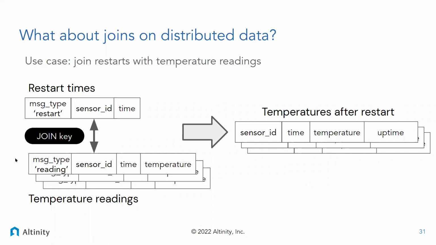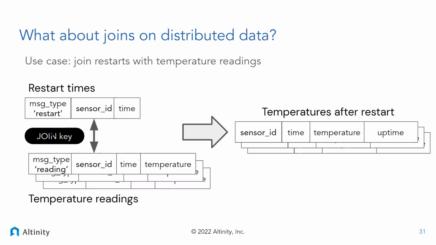Let's say you're interested in what happens after a device restarts. What do the temperature readings look like? We're going to have a join key, which is sensor ID, and then we're going to filter it so that we look at it over a bounded period of time.